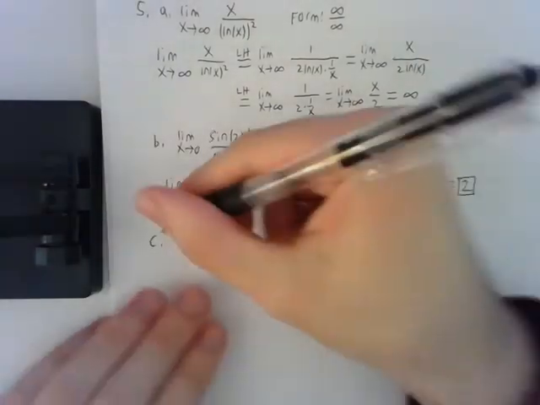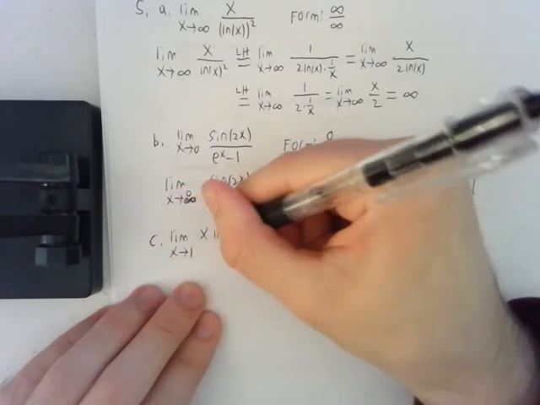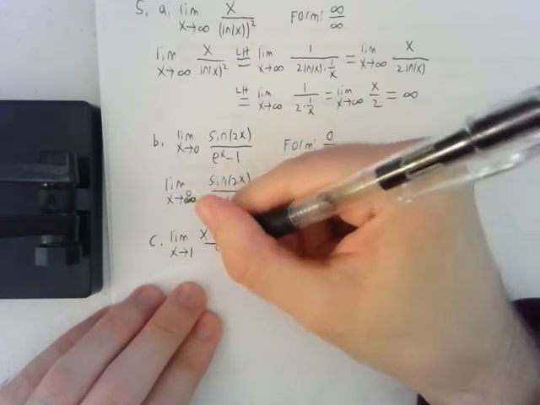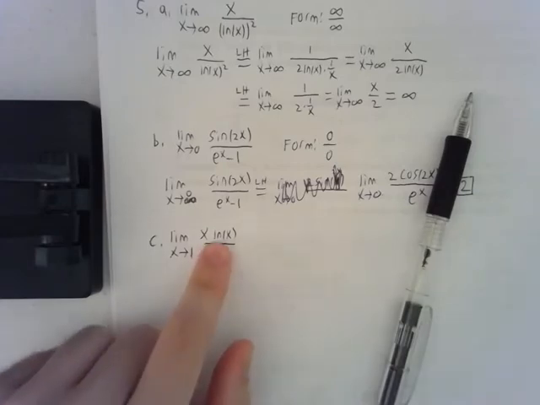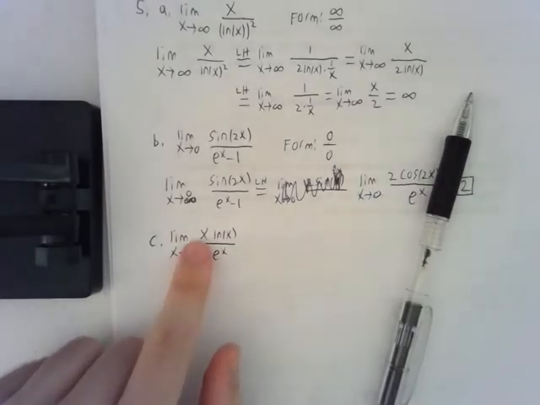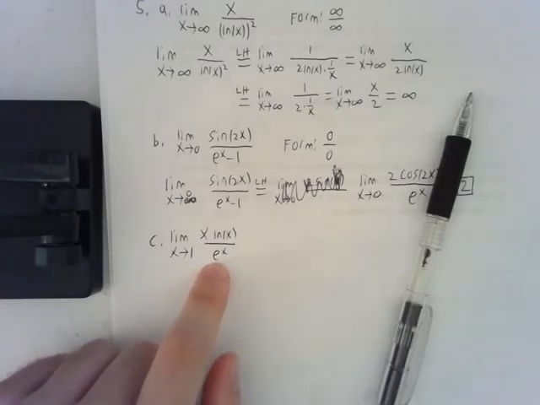Okay, next part. We have the limit as x approaches 1 of x log of x over e to the x. When you plug in 1, log of 1 is equal to 0. x just becomes 1, so the numerator looks like 0. The denominator is just e. So this is actually not an indeterminate form.